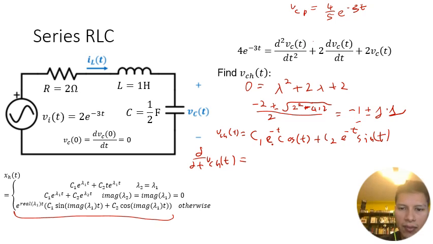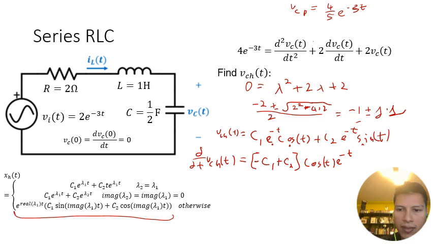We have negative C1 e^(-t) cosine t. Then the derivative of sine is cosine, so plus C2 e^(-t) cosine t.